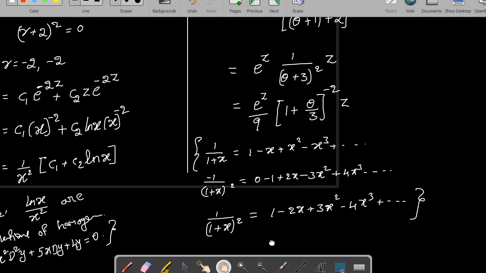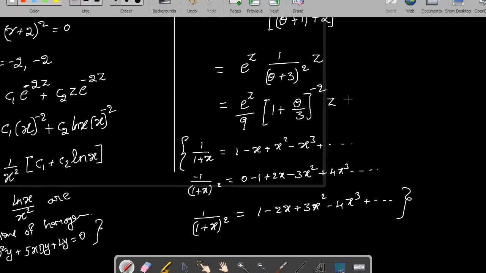Now using this expansion formula, this can be easily written as e^z by 9 times the expansion: 1 minus 2 times θ by 3, plus, and I hope we don't need the rest. Why? Because we have z here, its second derivative is 0, so whether you write the next term or not, it doesn't matter. I'll keep 'and so on', acting on z.